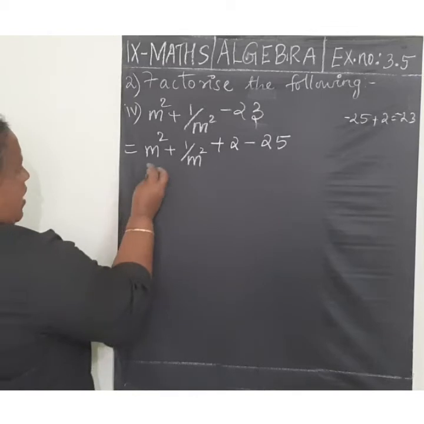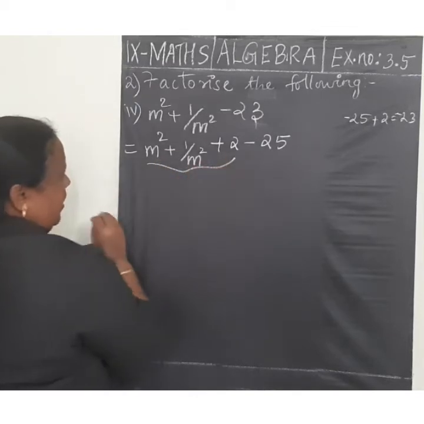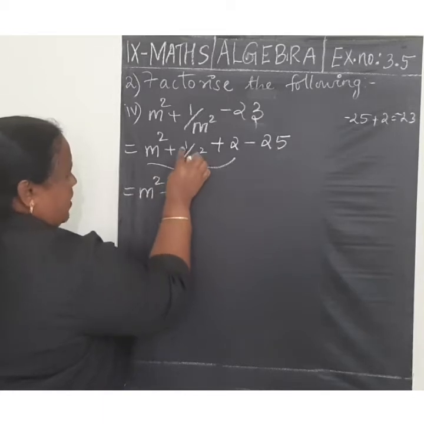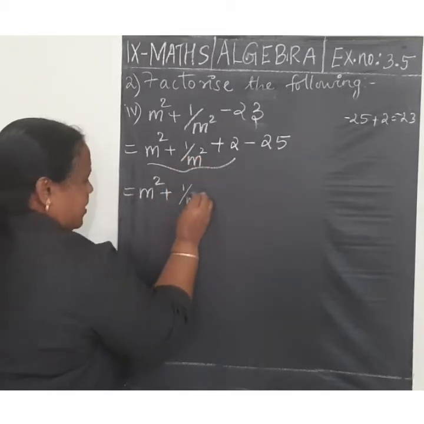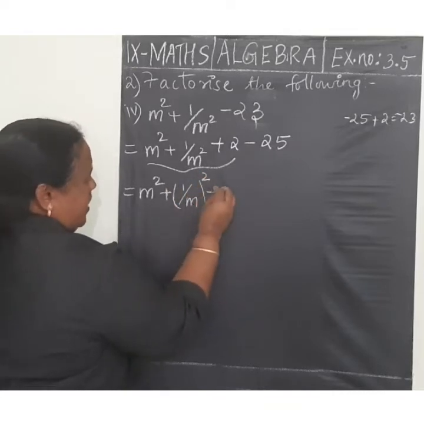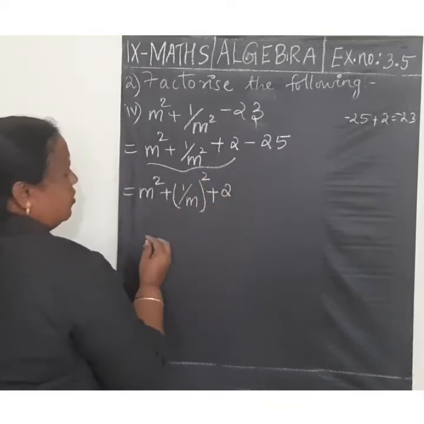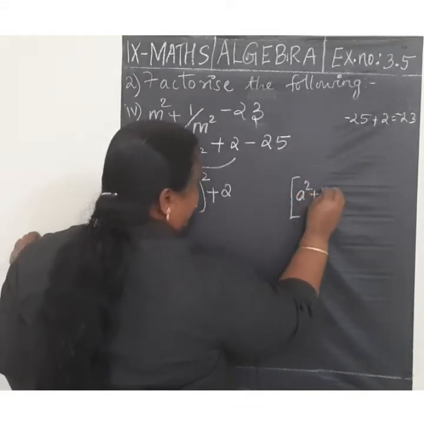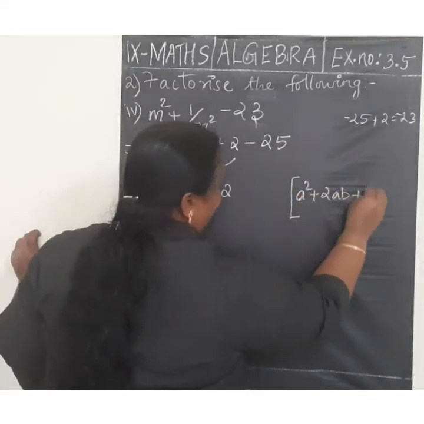Now we take the term m squared plus 1 by m squared, and we can write it as m plus 1 by m the whole squared, in the form of a squared plus 2ab plus b squared.